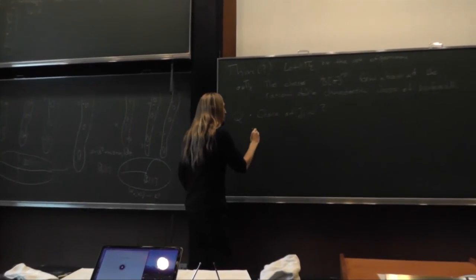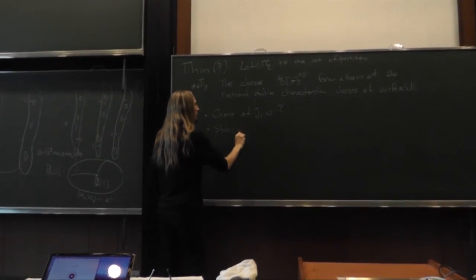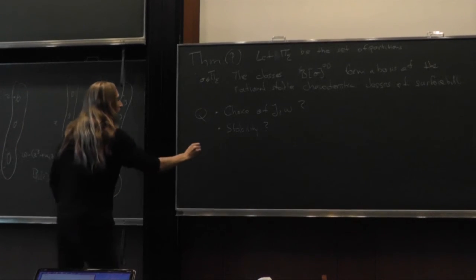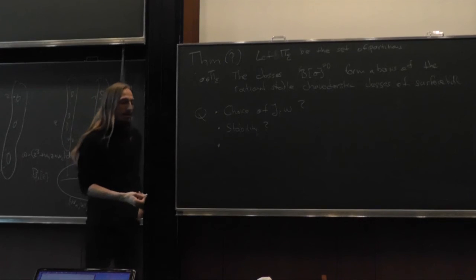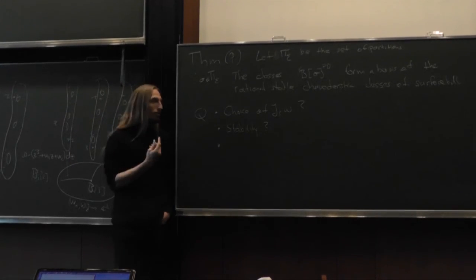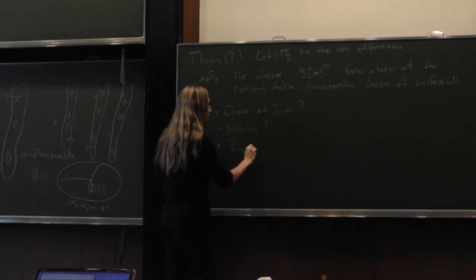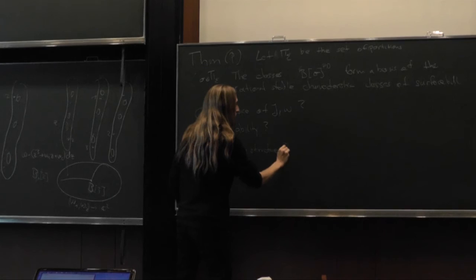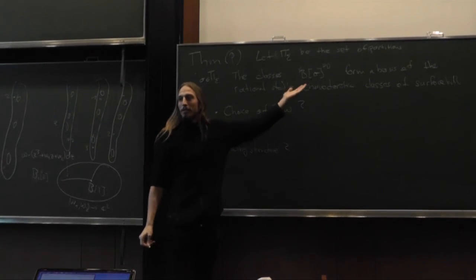So, let me also say this. Stability is an issue. And then there's also the thing that on the characteristic classes we have more structure than just an additive structure, it's a ring structure. And it's also a question, can we see the ring structure in these partitions?